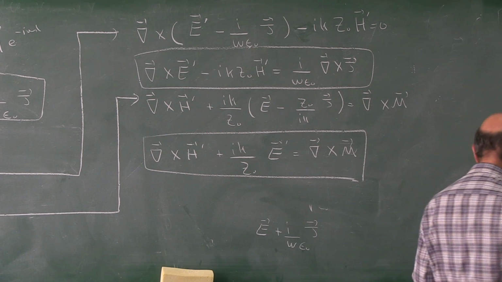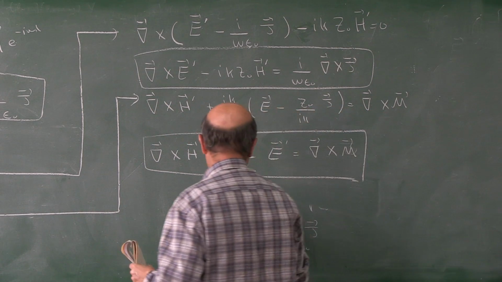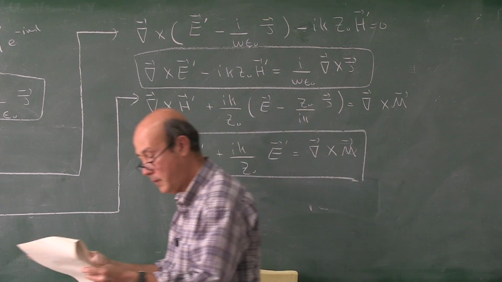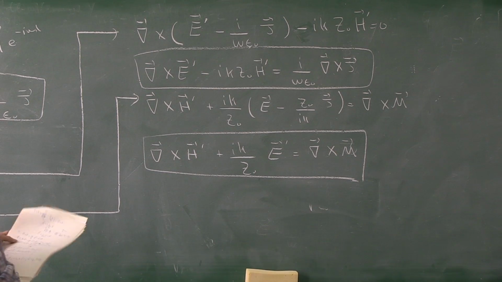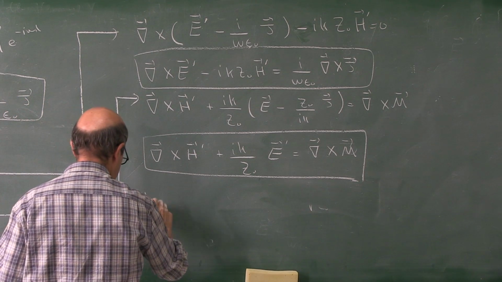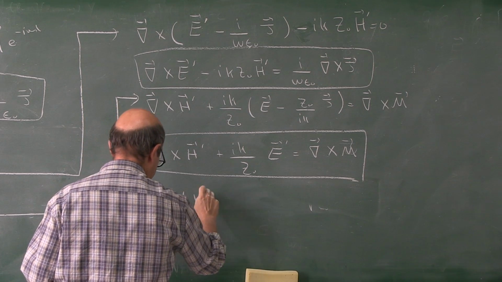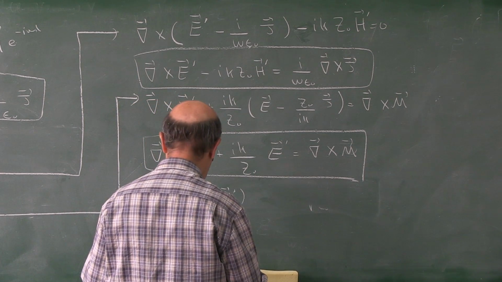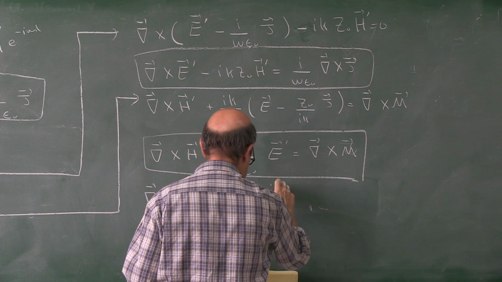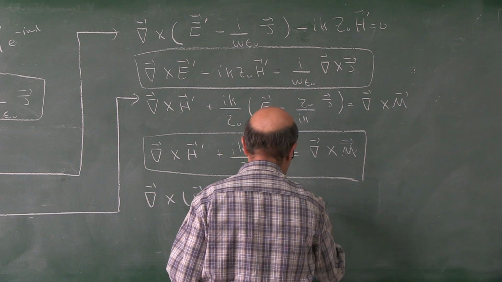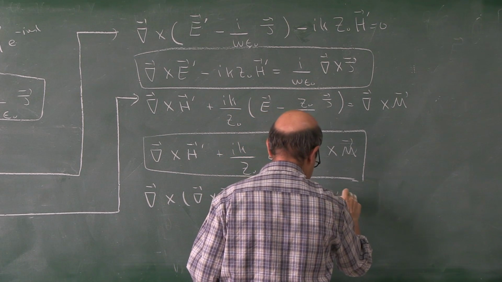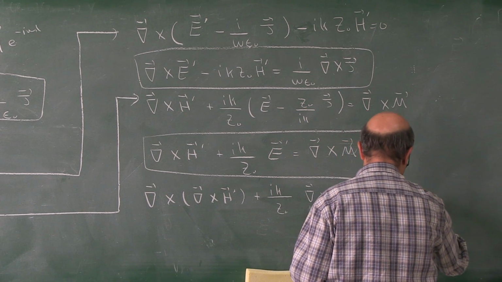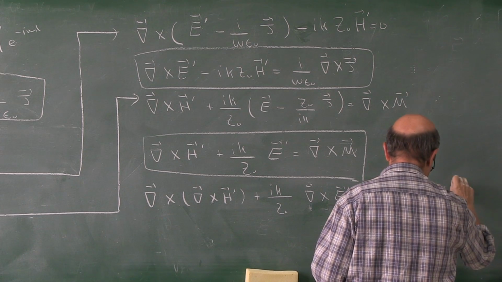So how are we going to do this? The standard way: take the curl of one of them, plug the other one inside, and combine the things. So if you take the curl of H prime, you have here ik Z0 curl of E prime and curl of magnetization.